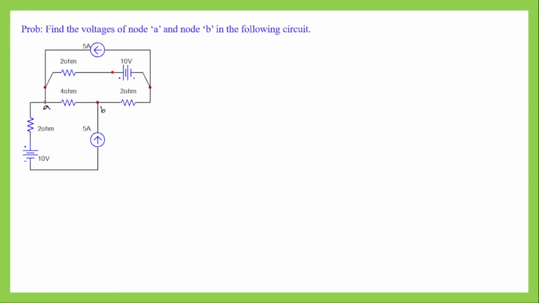If we consider this node, here also we have three branches connected, so this is also a principal node. And then we have another node here where 1, 2 and 3 branches are connected, so this node is also a principal node.